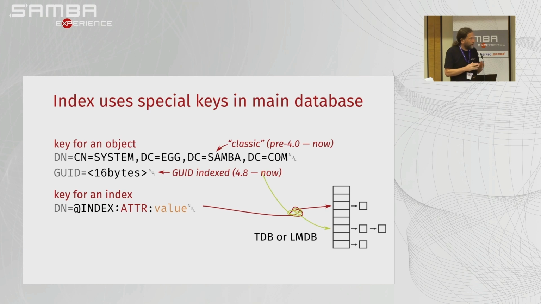And your database kind of upgrades automatically when you first use a modern Samba. There were problems along the way, but I think it works now. Well, there's not many complaints. And the GUID indexing is actually quite a lot faster for some things.